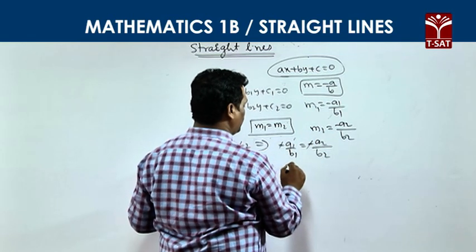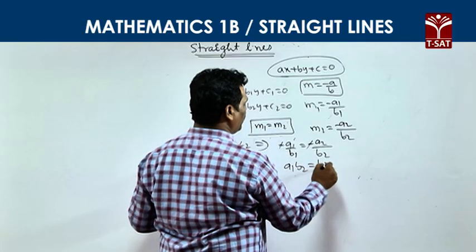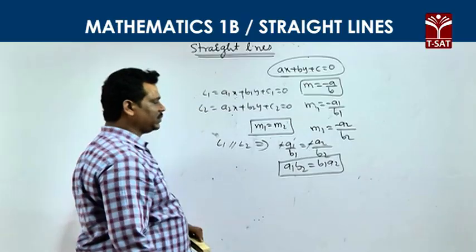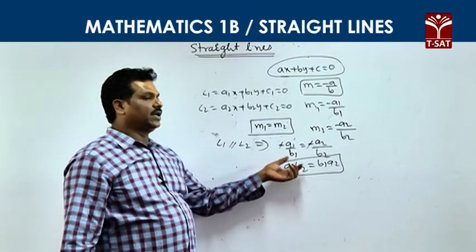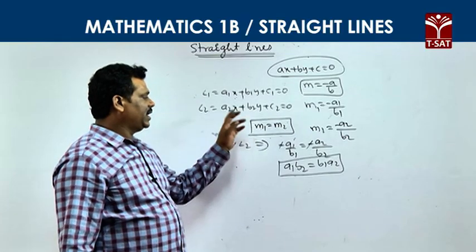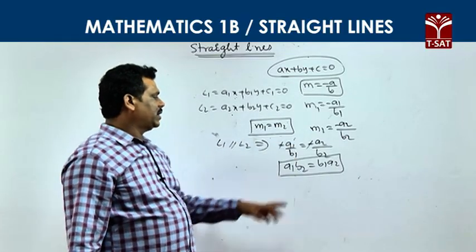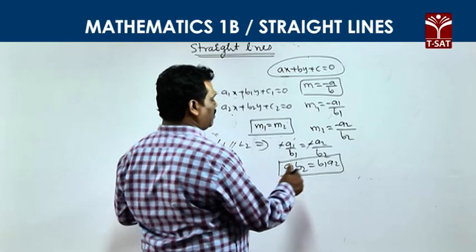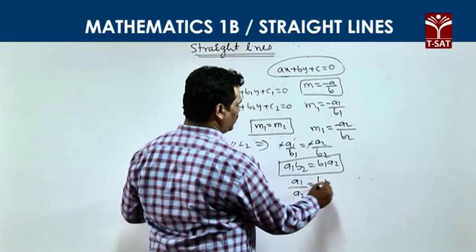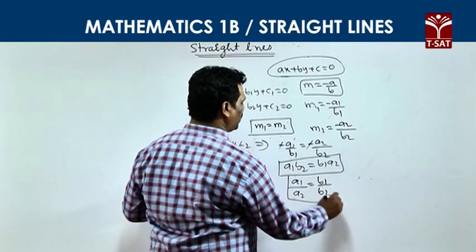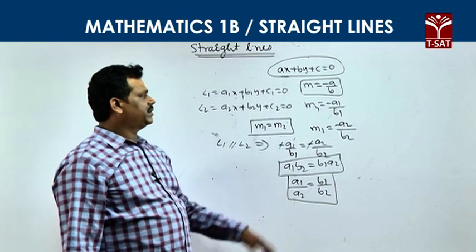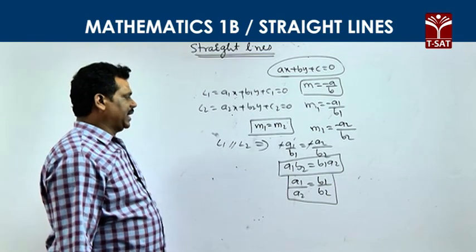Minus minus cancel, a1 b2 equal to b1 a2. This is the condition for the lines to be parallel: a1 b2 equal to b1 a2, or a1 by a2 equal to b1 by b2. Okay, this is the condition for parallel lines.